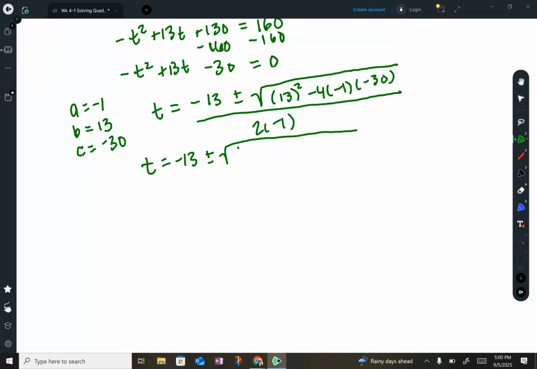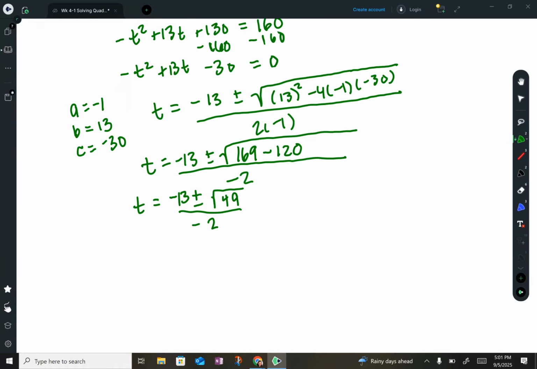13 squared is 169. Negative 4 times -1 is positive 4, times -30 is -120. All over -2. All right, let's keep going. T equals -13 plus or minus the square root of 169 minus 120 is 49, all over -2.